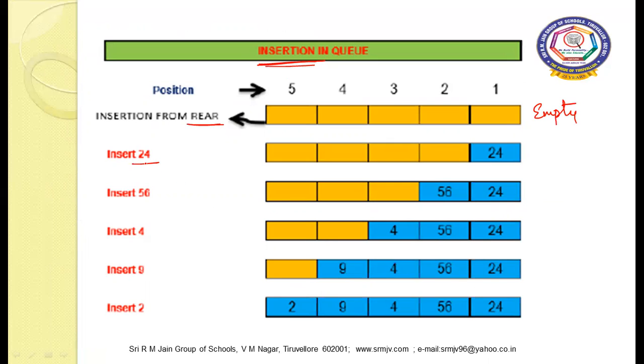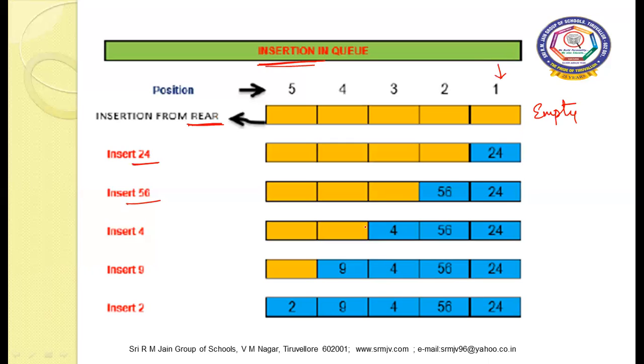That is, 24 we are inserting, through the rear end, as the first element. As we are inserting only one element, this becomes both front and rear, as we don't have any other elements in the queue.